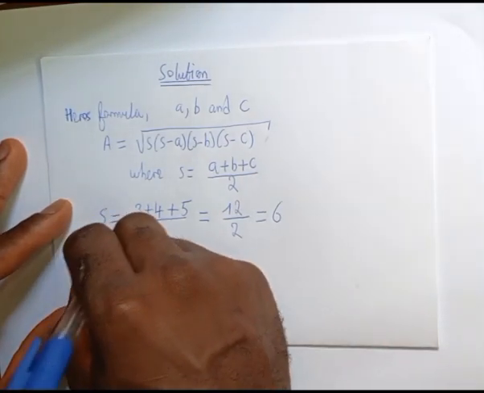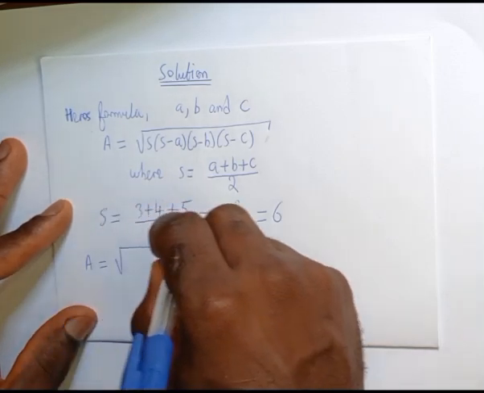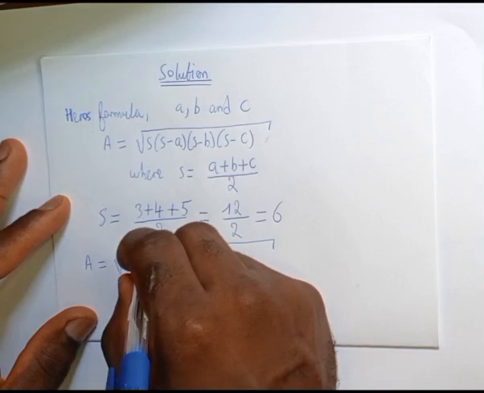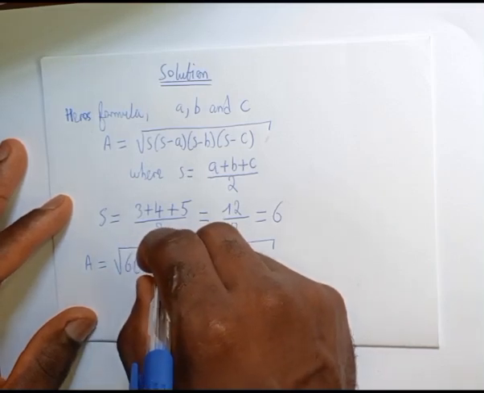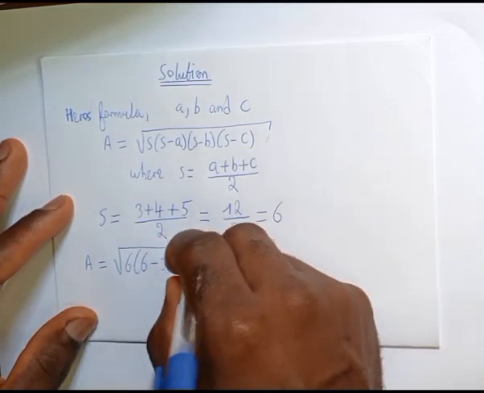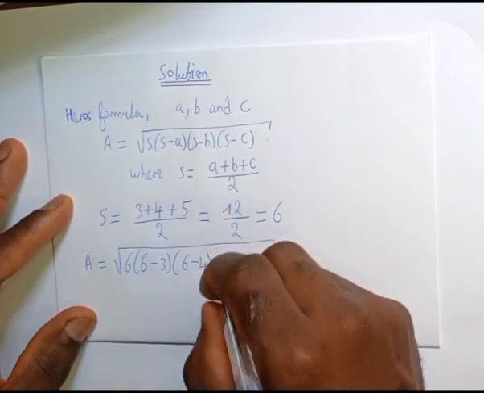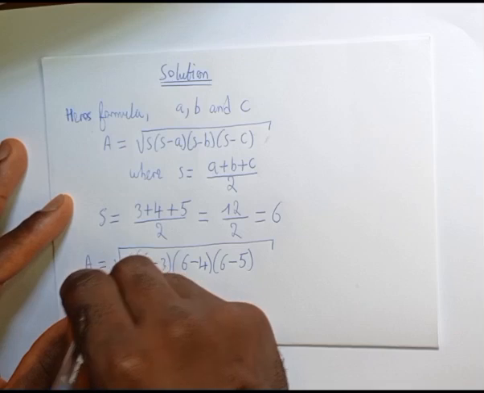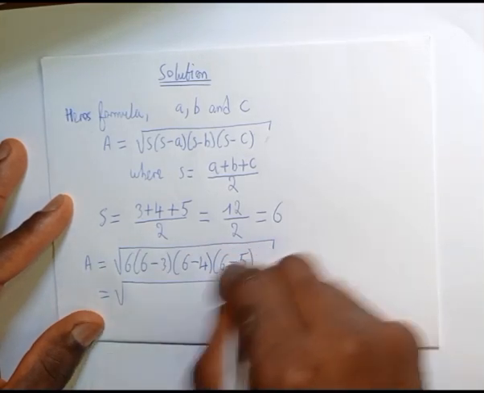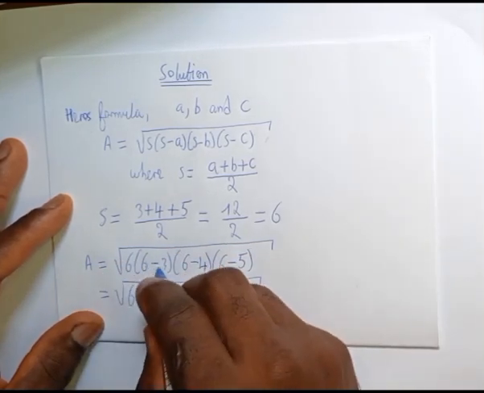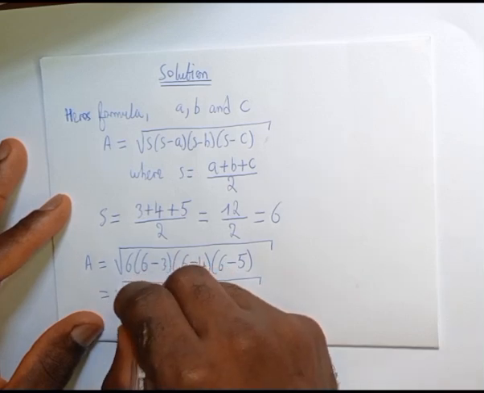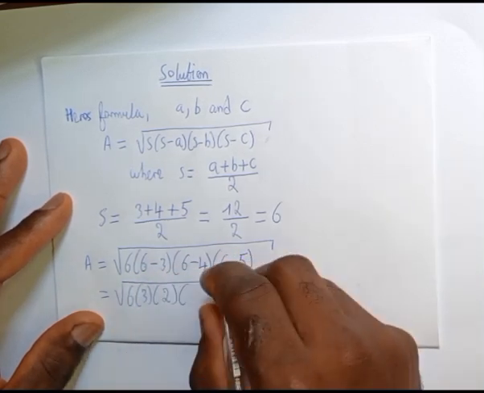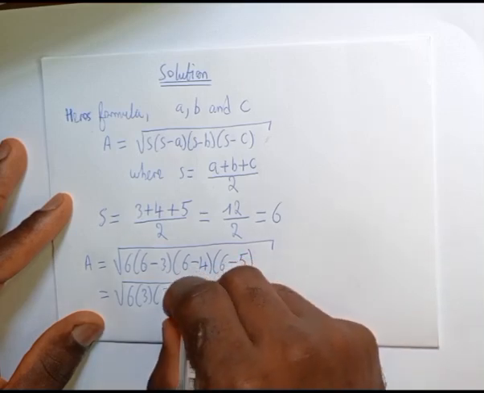The area of the triangle will simply be equal to the square root of S, which is 6, times 6 minus A, which is 3, times 6 minus 4 times 6 minus 5. This will simply be equal to the square root of 6 times 6 minus 3 gives us 3, times 6 minus 4 gives us 2, times 6 minus 5 gives us 1.